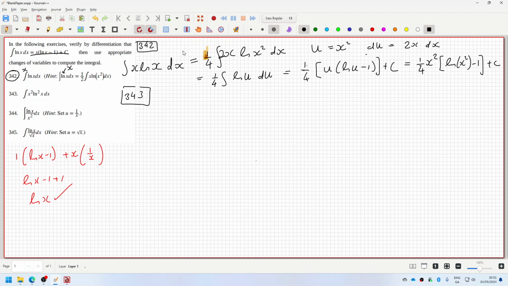Oh, actually, because I know what x log x integrates to, yeah, if I could get this to, so this is integration of x log x squared dx. So if I said u equals x log x, no, that's not quite right.